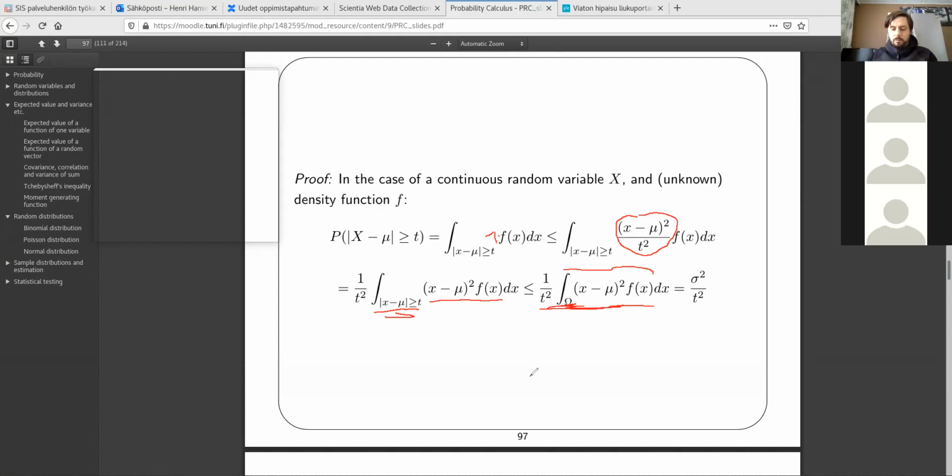So it's possible that the distribution looks like this. This center here is completely empty. But if we put most of the probability mass out here far away, then the variance also tends to be big. So this is why this happens.